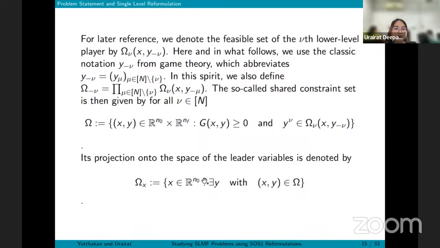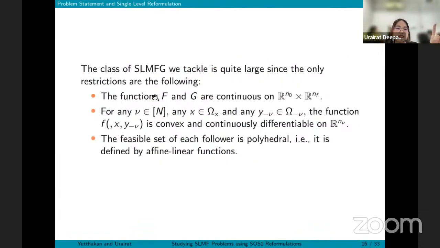They assume that the functions f and g of the leader are continuous on R^n. They also guarantee that the cost function of the follower is convex, continuous, and continuously differentiable on R^n nu. Lastly, the feasible set of each follower is polyhedral, that is, it is defined by affine linear functions.